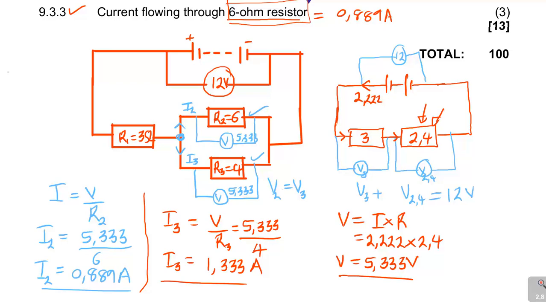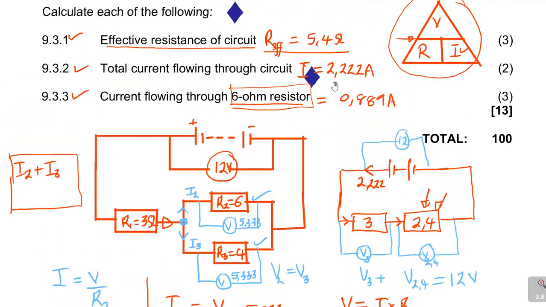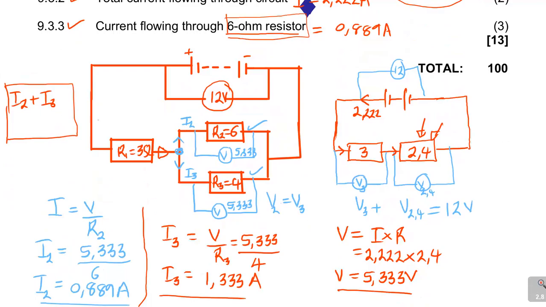Now you see the current flowing through I2 and I3. If I add I2 plus I3, I must get the current that entered before it split, which we calculated as 2.222. Even here, before it split, it was 2.222. So let me add my I2, 0.889, plus 1.333.